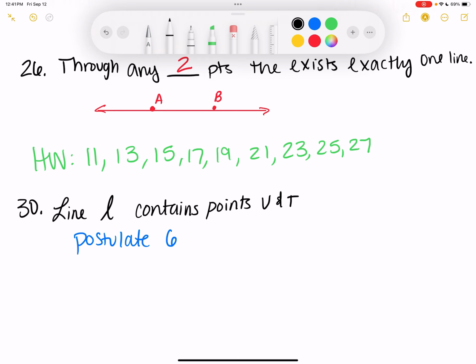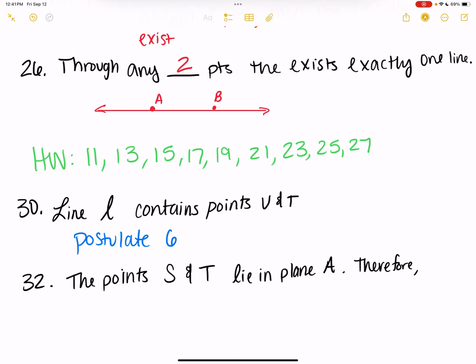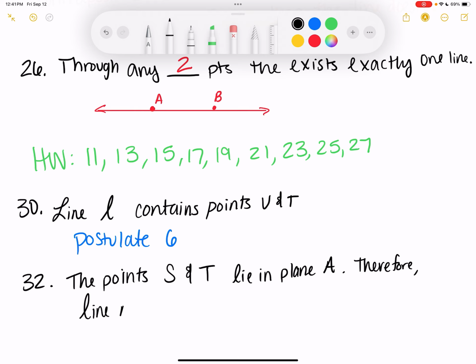32 says the points S and T lie in plane A. Therefore, line M lies in plane A. Is that the homework initiative?